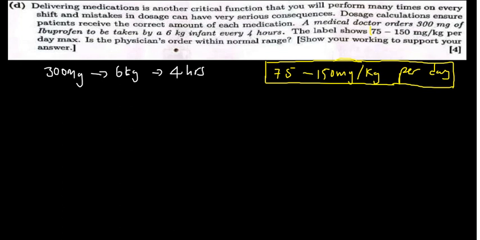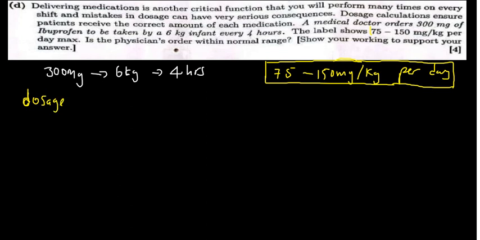This is what the doctor has given. Now firstly, since we want to convert to milligrams per kg, what we are calculating is just the dosage. Let me just say D. D just means dosage.